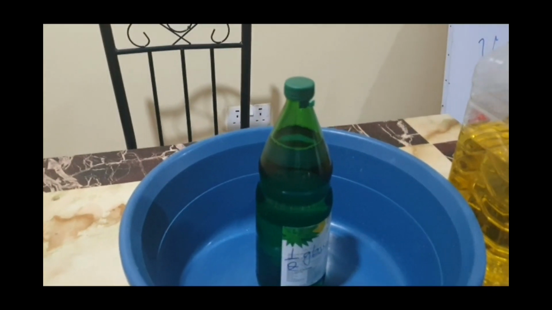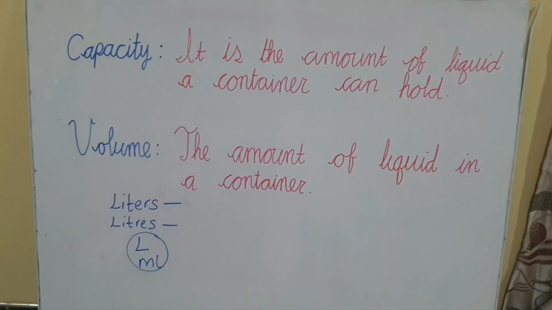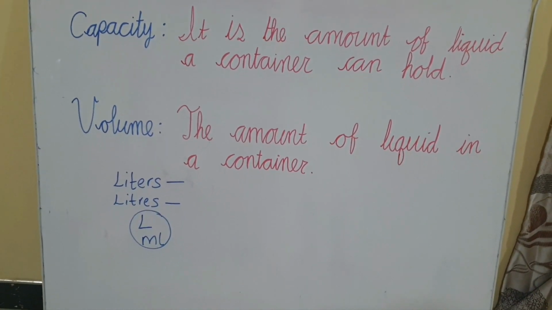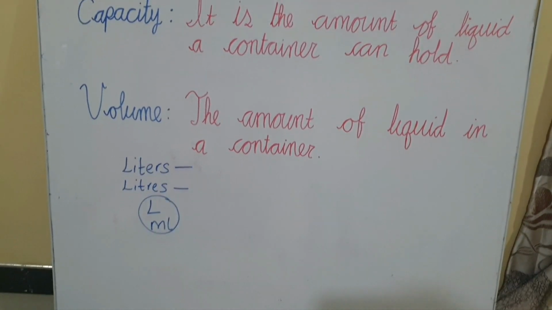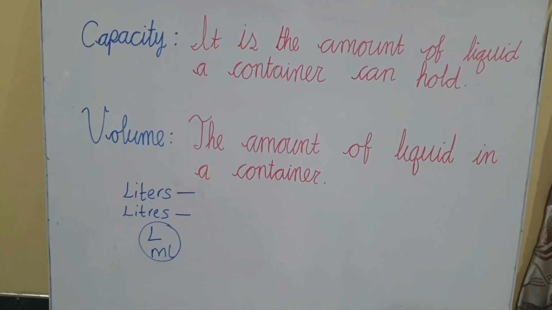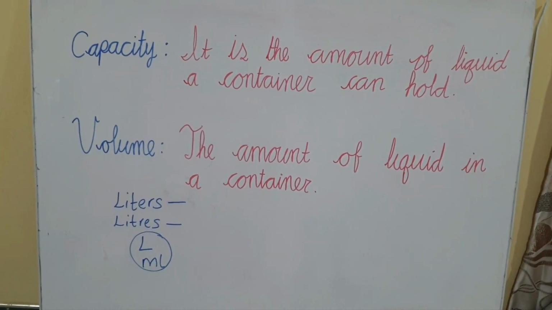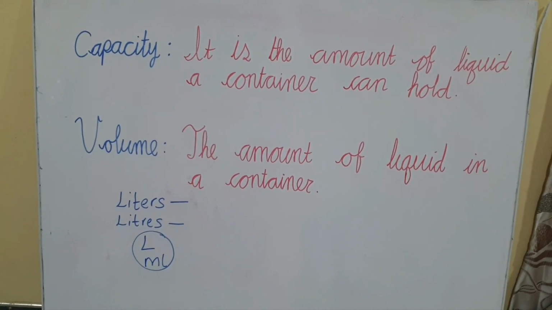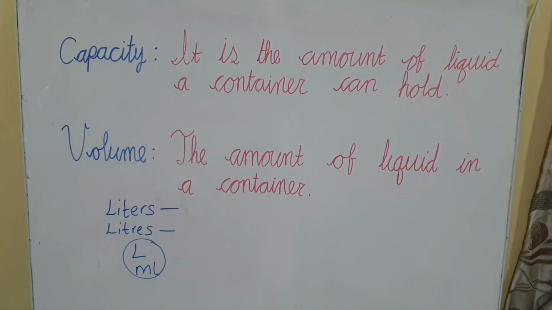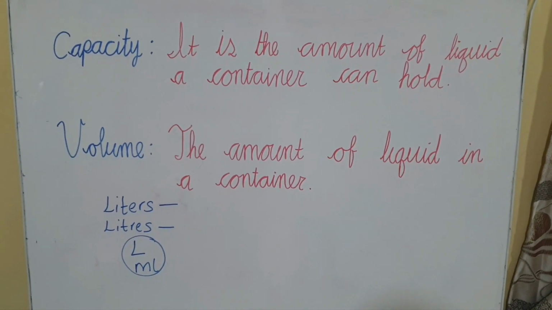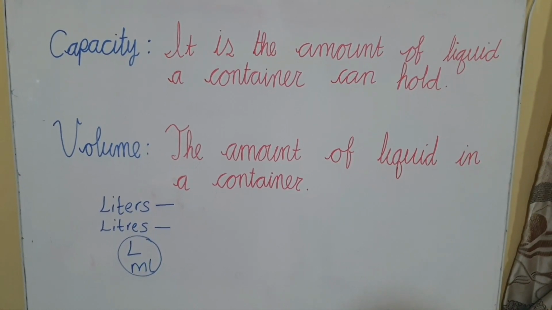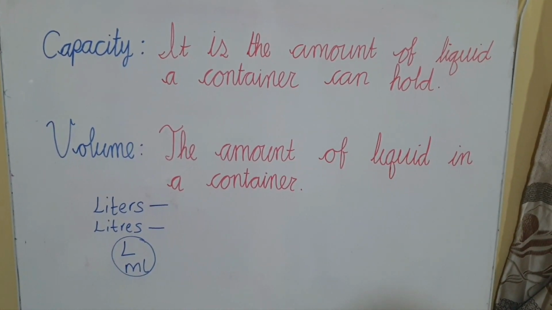You're right, 100. And how many meters make 1 kilometer? Great, 1,000. In the same way, we have 1,000 milliliters giving us 1 liter. Which means if you have 2,000 milliliters, you have 2 liters. If you have 3,000 milliliters, you have 3 liters. And if you have 5 liters, then you have 5,000 milliliters.